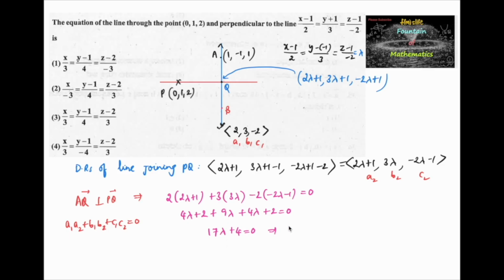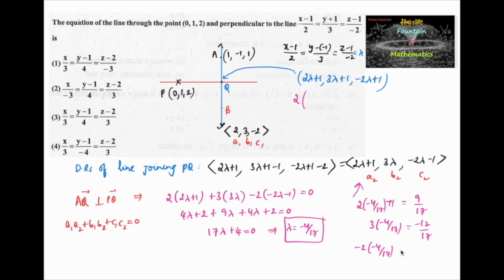So we can say lambda value is −4/17. So the direction ratios, let us substitute here for PQ: 2 into (−4/17) + 1, which is equal to (17 − 8)/17 = 9/17, and 3 times (−4/17), that is −12/17, and again −2 times (−4/17) − 1, which is equal to (8 − 17)/17, that is −9/17.